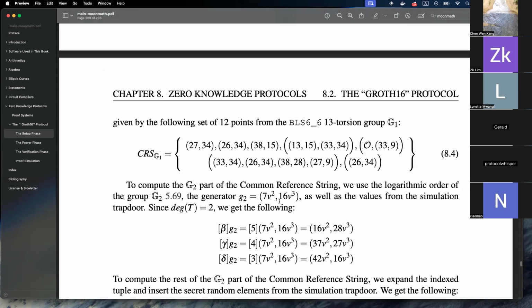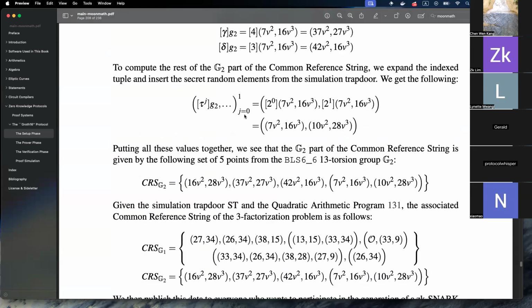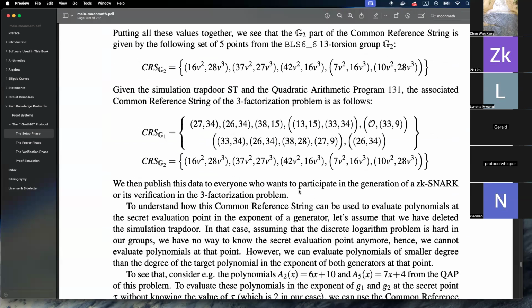You need your QAP to actually compute this. And G2, similarly, you need to compute this. With these two, these are public. By publishing this, you do not reveal anything about the secret values, or about your witnesses. In this case there are no witnesses or instances to talk about; this is just the circuit itself. You don't reveal the secret values that would allow anyone to generate a fake proof. And these are things that will allow you to do calculations and your proving and verification job later on.